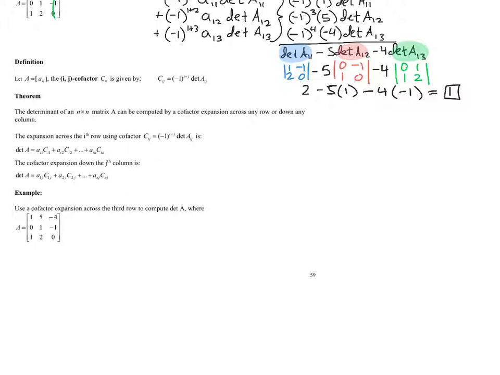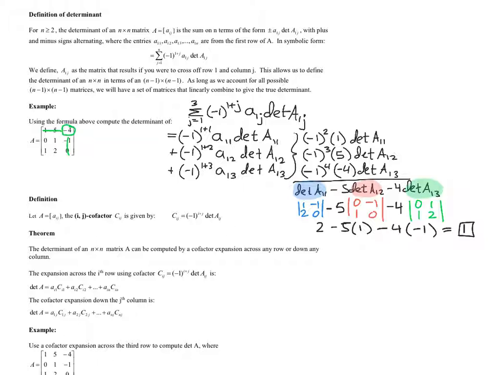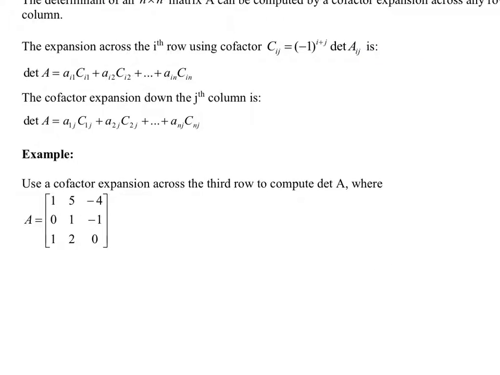All right. So we're looking at, again, the general formula, -1 to the 1 plus j. All right. So this is j equals 1. We have j equals 2. And j equals 3.